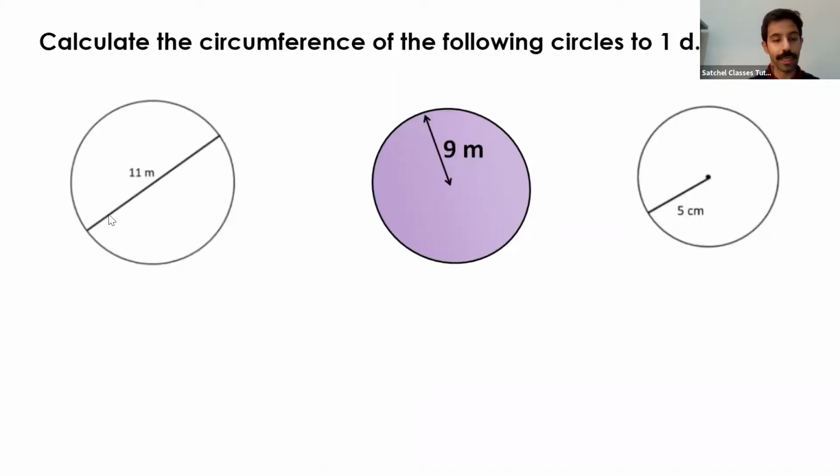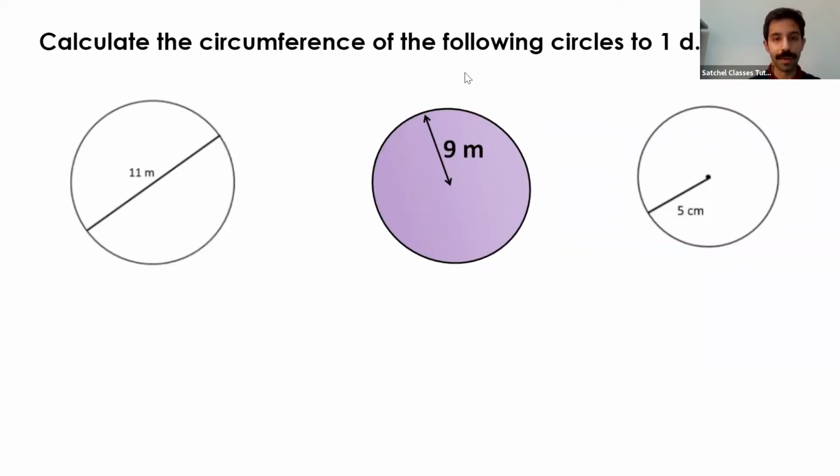So first question, calculate the circumference of the following circles. Again, if you want to pause the video, you can and have a go at these by yourselves, but I will go through them during this period. So the diameter is 11. Notice the distance from one side of the circumference to another side cutting through the center, even though on this occasion we can't see the center point.